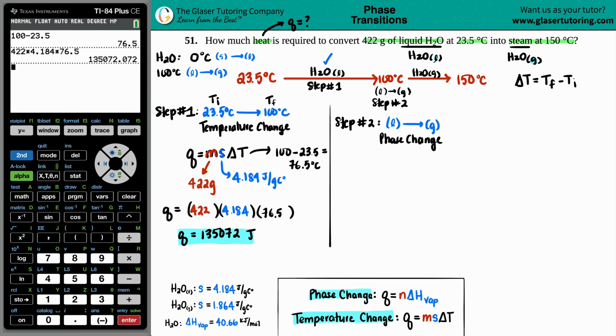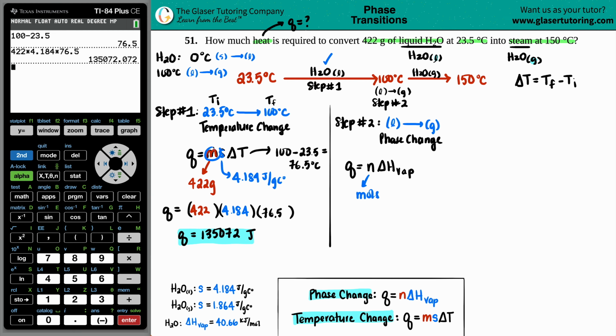So I'm going to use the other formula, which is Q equals n delta H vaporization. So we're still solving for that heat. So we need to know what n is and we need to know what delta H is. Now n is the number of moles of the substance.